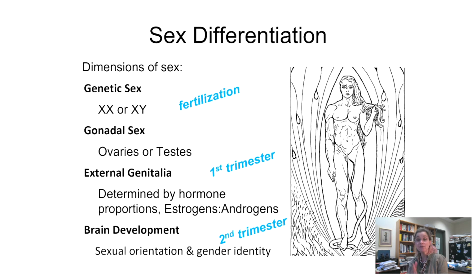We are now going to focus on the sex differentiation that happens during the first trimester of gestation, that early stage of pregnancy, when the ovaries or testes are formed, and also when the external genitalia starts to form as well.